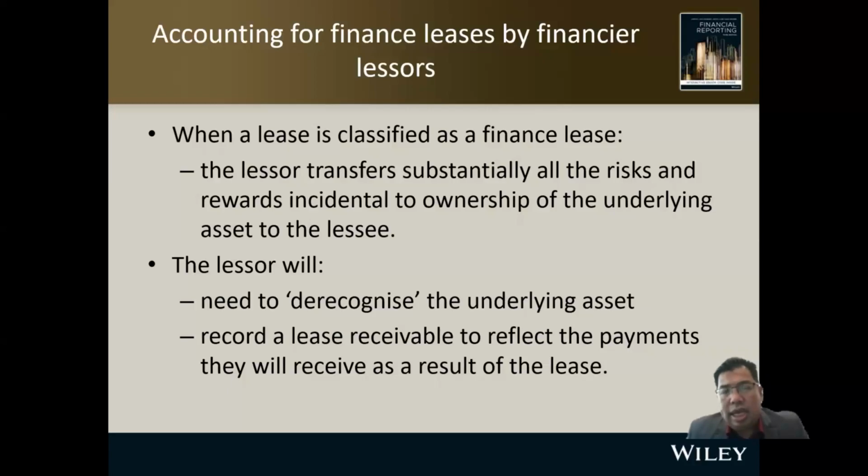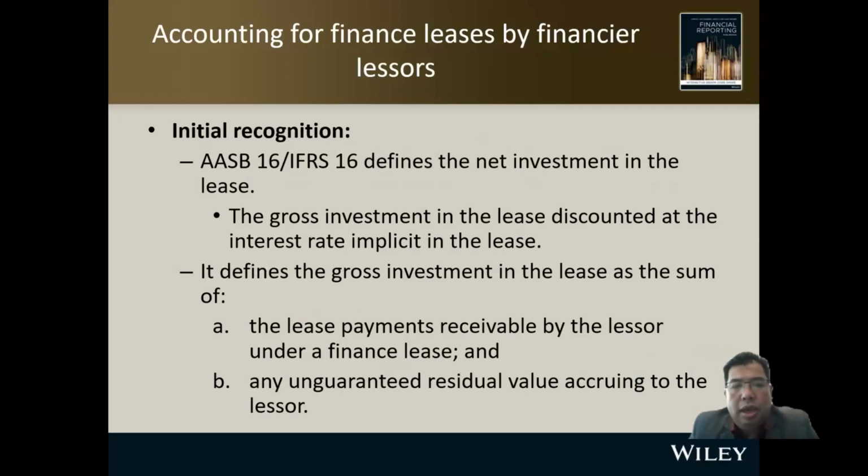So that is in the case of finance lease, where a substantial amount of risk and reward incidental to ownership have been transferred to the lessee. The AASB defined the net investment. This is the initial recognition, whereby the net investment is the gross investment in the lease discounted at the interest rate implicit in the lease.